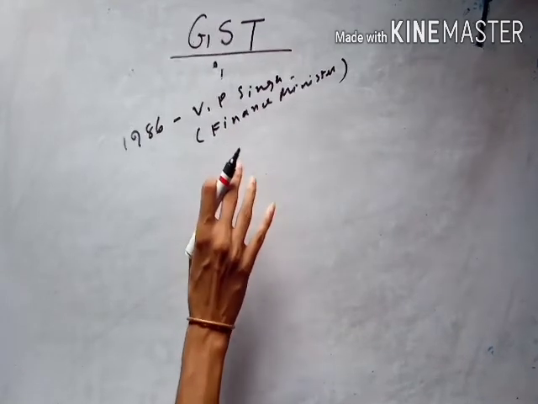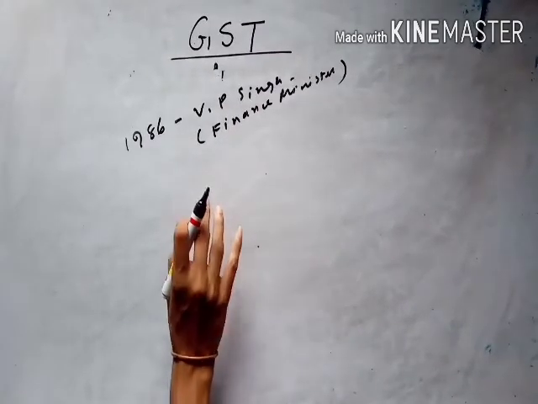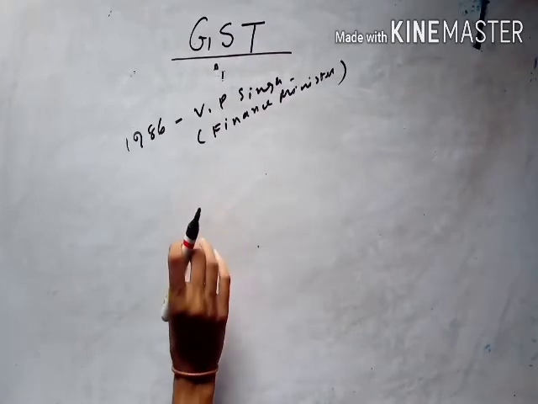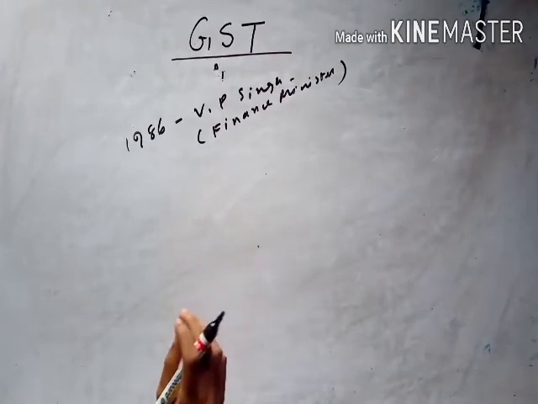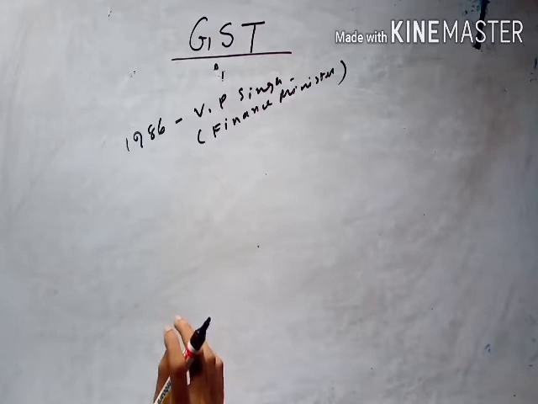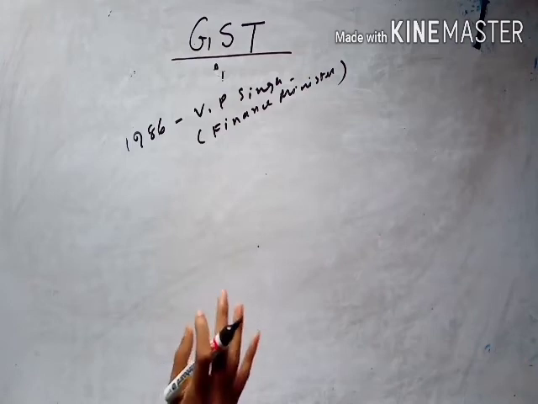The reform process continued, but a single common goods and services tax was first proposed and given a go-ahead in 1999 when Atal Bihari Vajpayee was the Prime Minister.